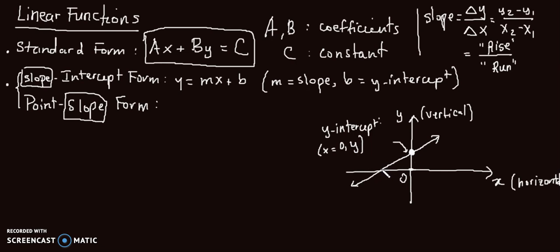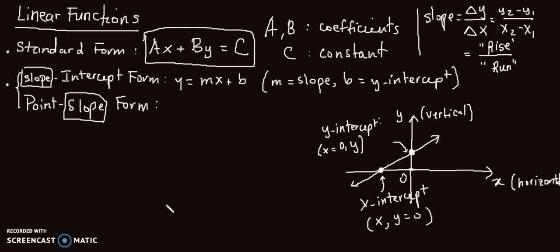The same thing here: this line cuts the OX axis at this point, which is called the x-intercept, and at this point y is equal to 0. You need to remember this very well. So the slope-intercept form is y equals mx plus b.